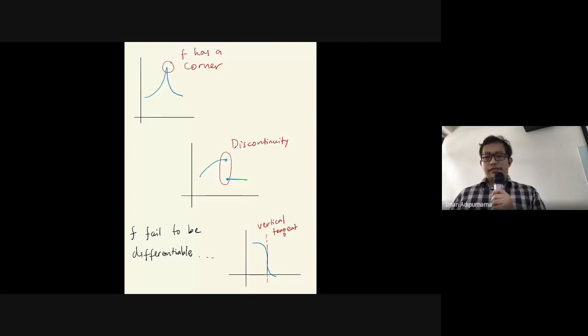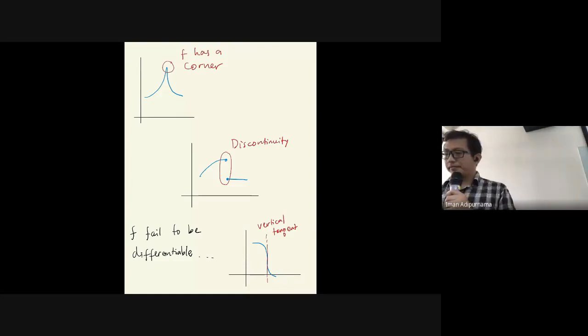I think these three are enough to represent not differentiable: corner, discontinuity, and the vertical tangent.